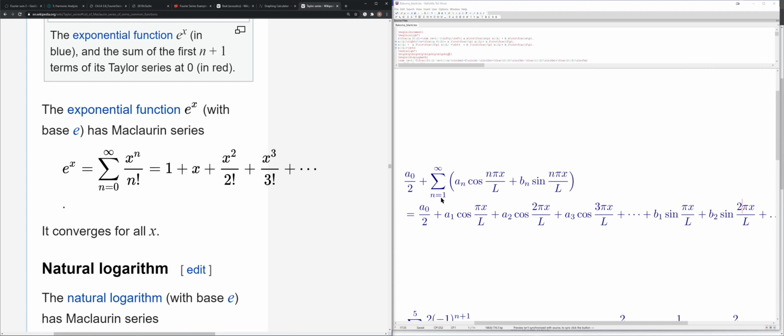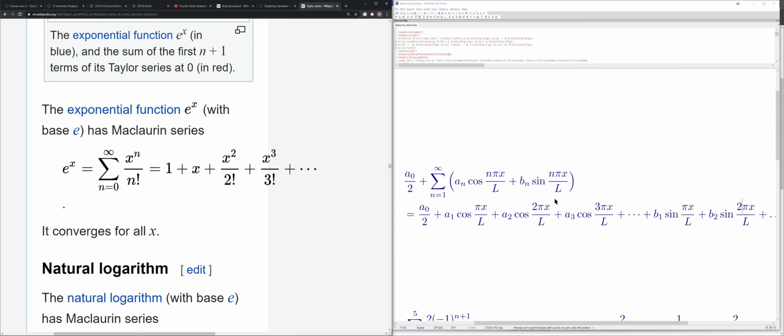So when n is equal to 1, you're going to get a certain cosine term, a1 cosine pi x on L, right? And then n is equal to 1 will also give you a sine term, b1 sine pi x on L, right? Which is this term over here. n is equal to 2 will give you this second cosine term and the second sine term over here, right?